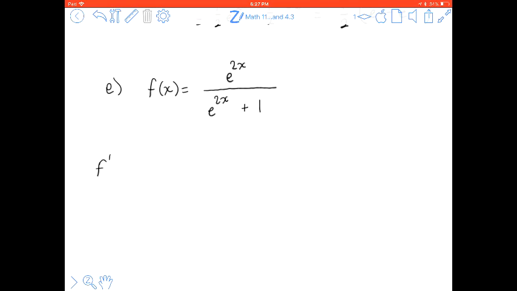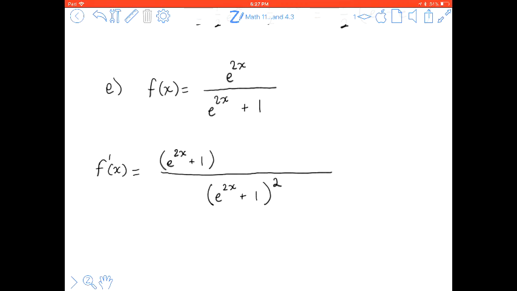So using the quotient rule, I'm going to start with the denominator because it's the easiest to remember. The denominator is just whatever the denominator of the original function is, squared. Okay, and then in the numerator we have the bottom function times the derivative of the top function.